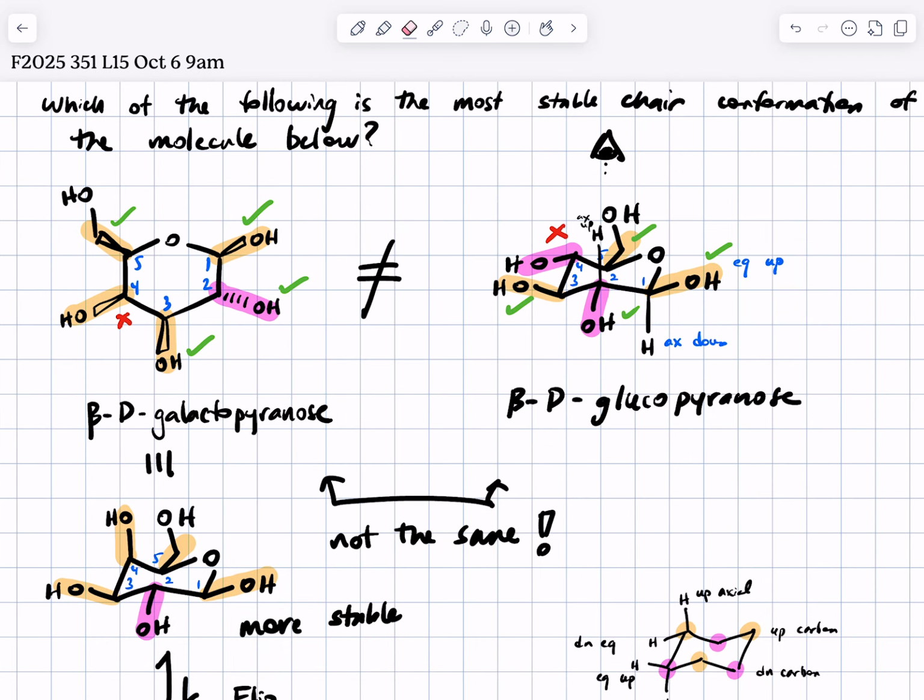Now, these 2 molecules are isomers of each other. They have the exact same connectivity, but their shape is different, and they can't be interchanged by rotation around single bonds. So because of that, they're a particular class of isomer called stereoisomers. Is it those 2 or is it the 2 chair conformations that are stereoisomers?